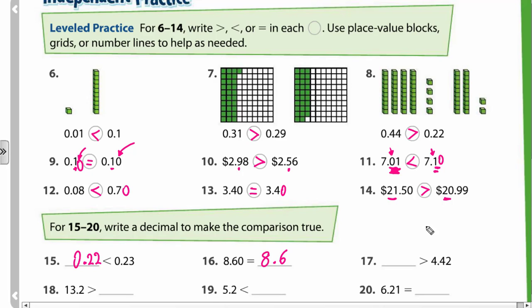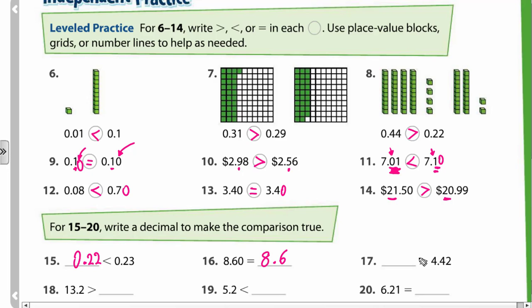Go ahead, question number 17. I need any decimal greater than 4.42. What is your answer?